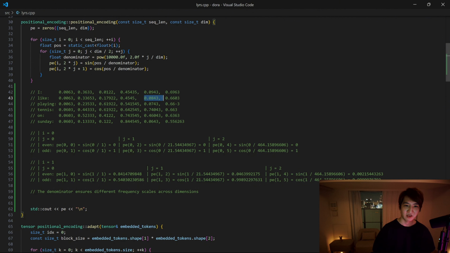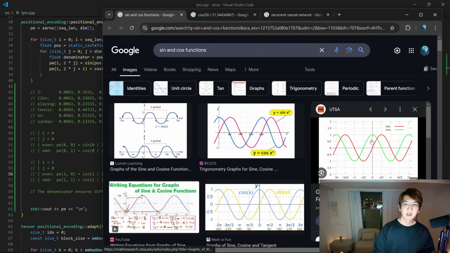And for the next two dimensions, the values passed to the sine and cosine functions will be smaller than this one, so the output will be even smaller. It gets closer to this axis. So that's how this positional encoding encodes positions for each token.